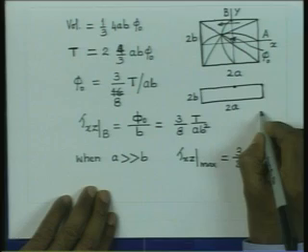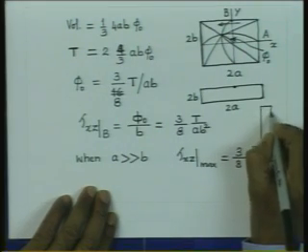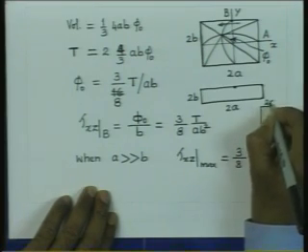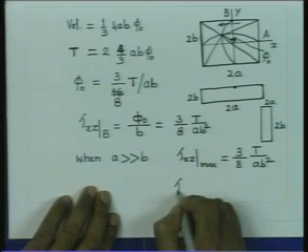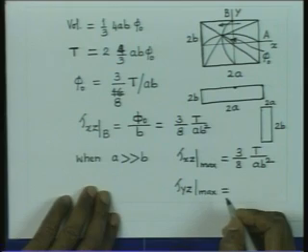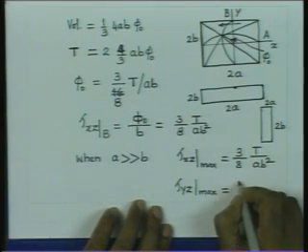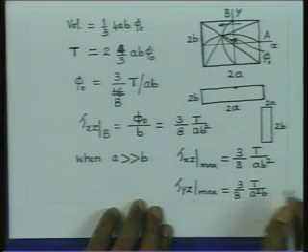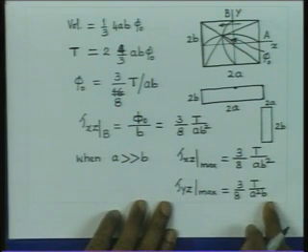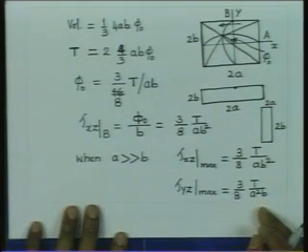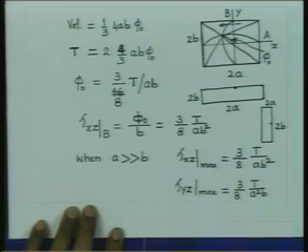And if you have the cross section the other way, so here 2B is larger than this, then the stress will become tau yz maximum, and that is just going to be phi 0 by A, and that will give us 3 by 8 T by A square B. And in fact the exact value is 3 by 8 T by A square B. So, therefore, we have got really the value correctly obtained.